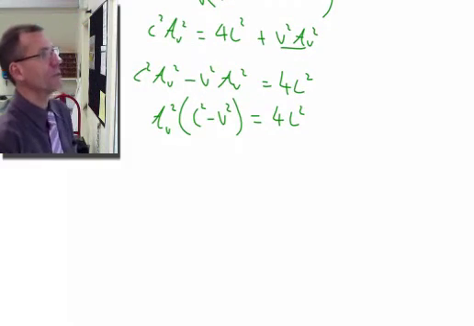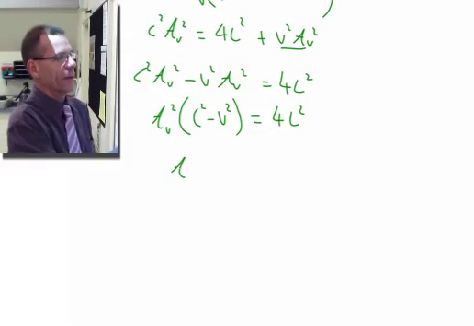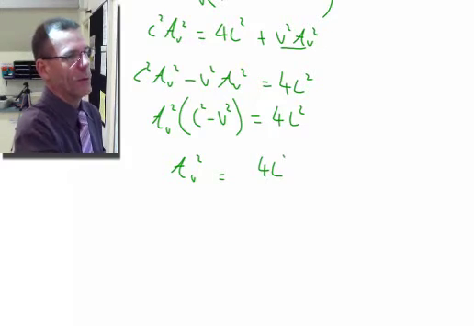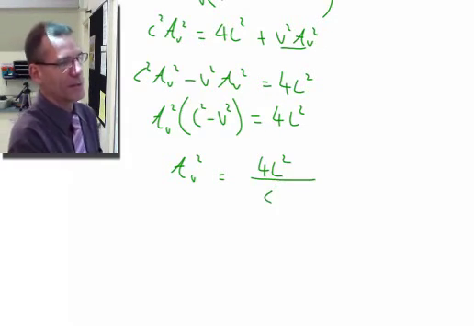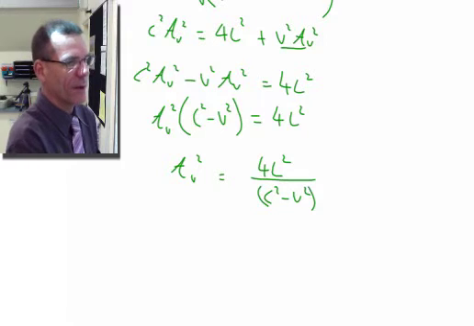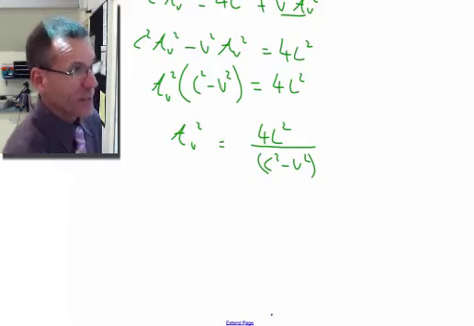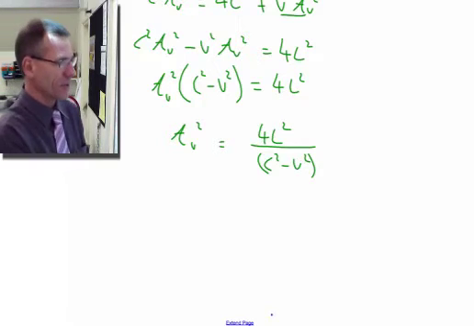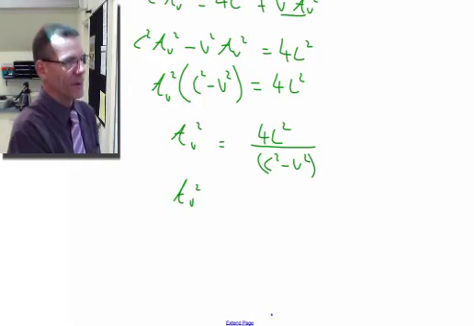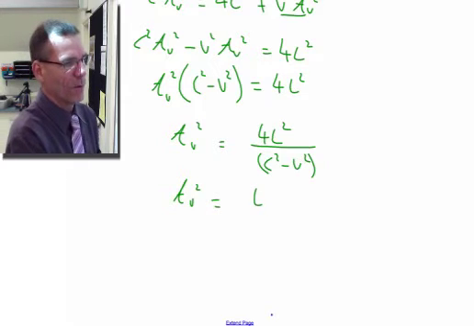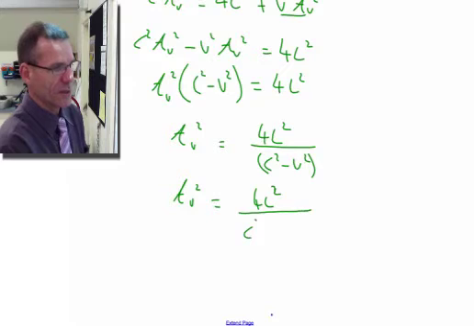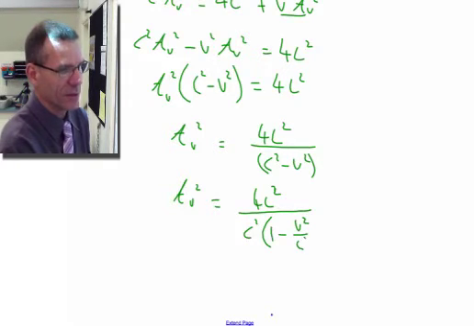So let's get our tv all squared equals 4l squared divided by c squared minus v squared. Okay, this is where it gets a little bit weird. We're going to take out c squared as a common factor of that denominator. So bear with me. It's 4l squared divided by c squared, outside of 1 minus v squared on c squared.